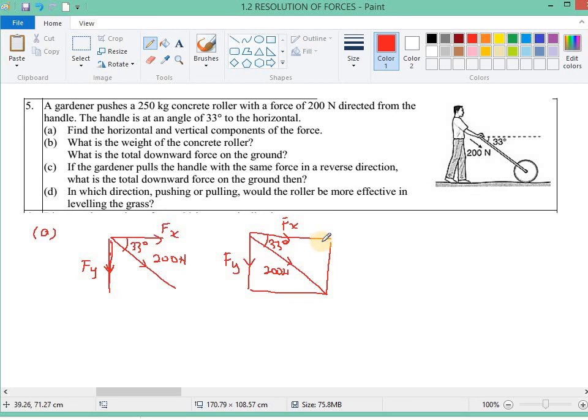Same like just now, we can get a triangle from this parallelogram. Alright, so we want to find the horizontal component and the vertical component. We can get a triangle either from this one or this side. Both also can. So let's say that I take this triangle.